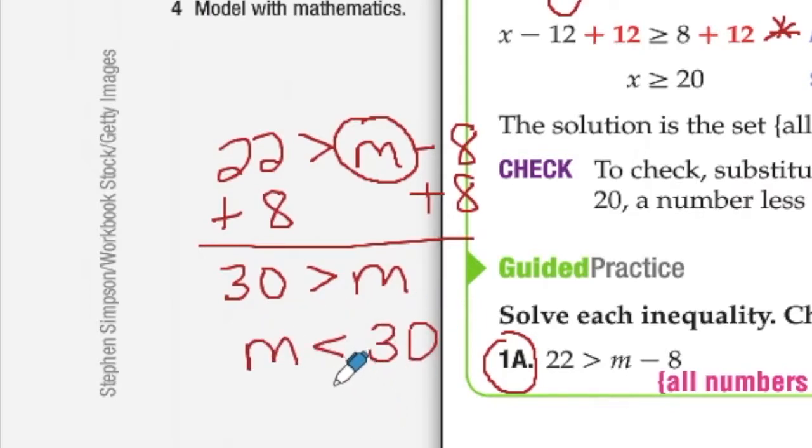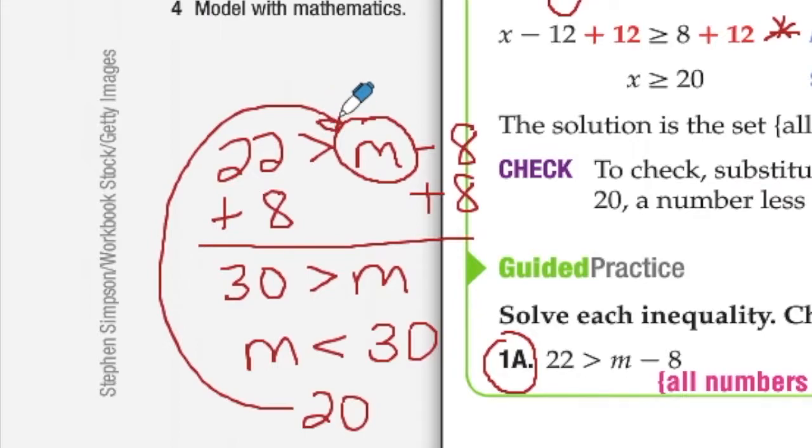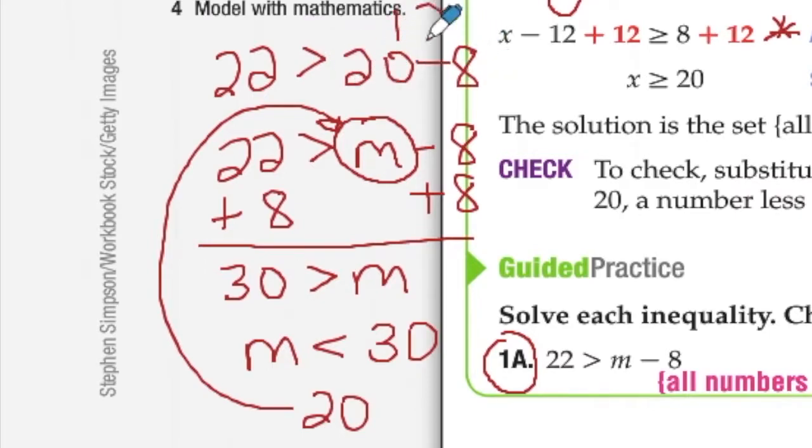Let's check our work by picking a number less than 30, like let's say 20, and we're going to substitute that back in for our inequality. 22 is greater than 20 minus 8. 20 minus 8 is 12, and 22 is in fact greater than 12, so that checks out.